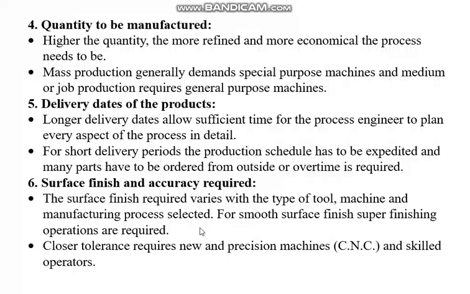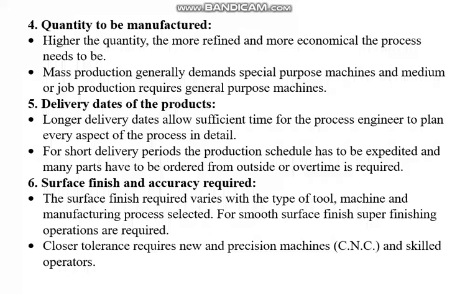These super finishing operations are after the manufacturing process. You have to go for super finishing operations. For that, you may require special purpose machines, also special machines designed to perform this super finishing operation.